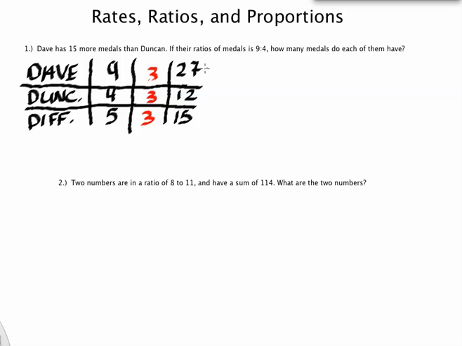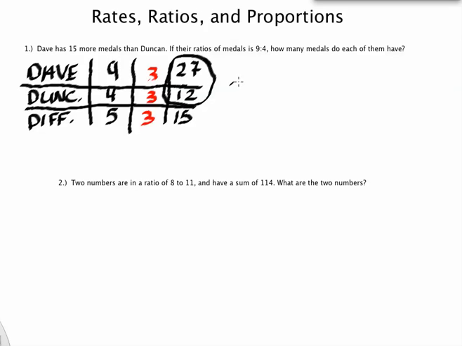And if you notice, 27 minus 12 is 15. So Dave has 27 metals. Duncan has 12 metals to give us that difference of 15. So you could either circle your answer here to show me that that's the total number of metals that they each have.